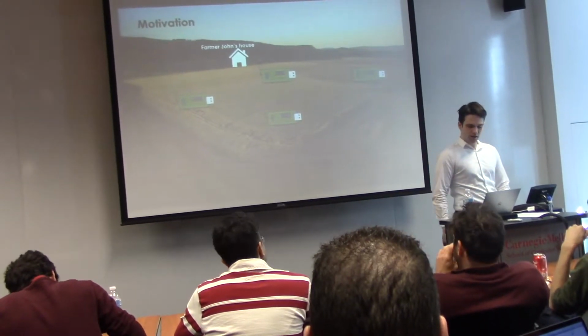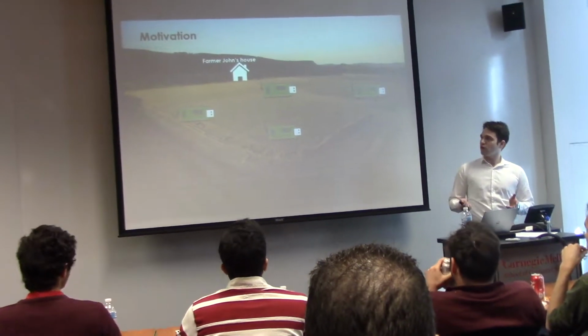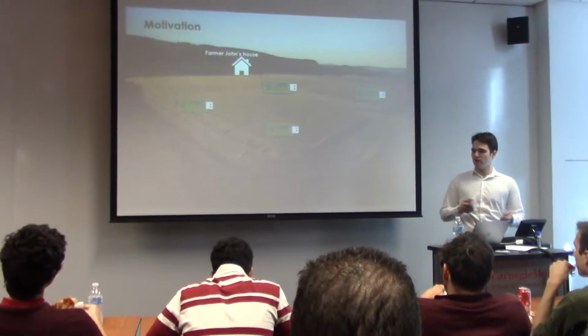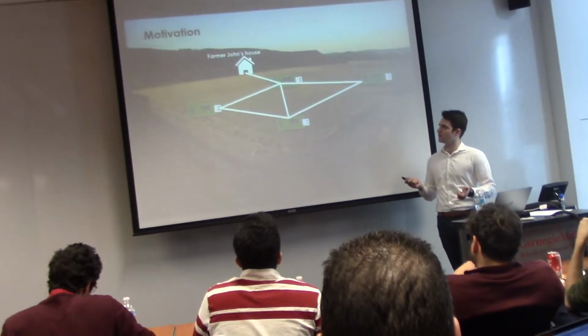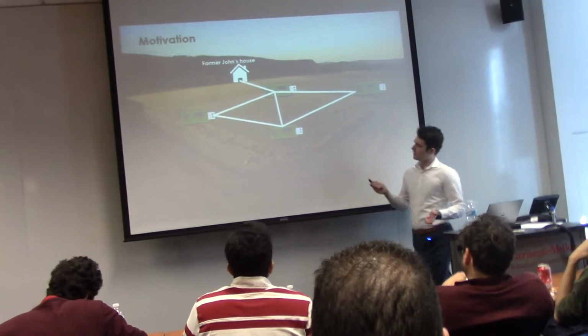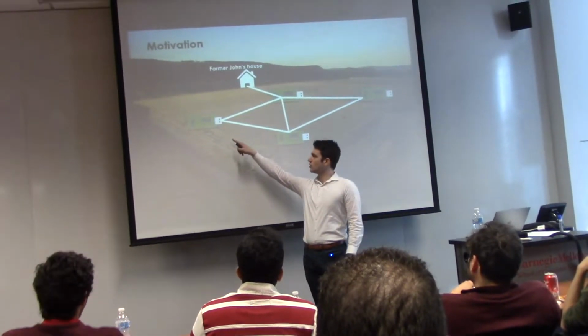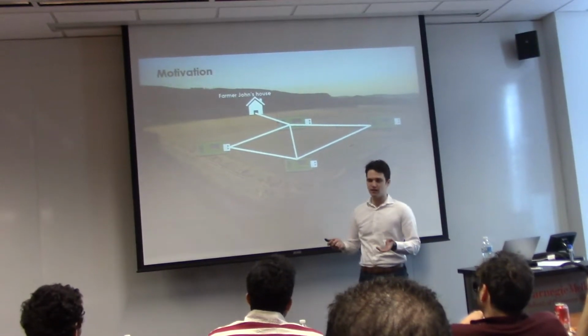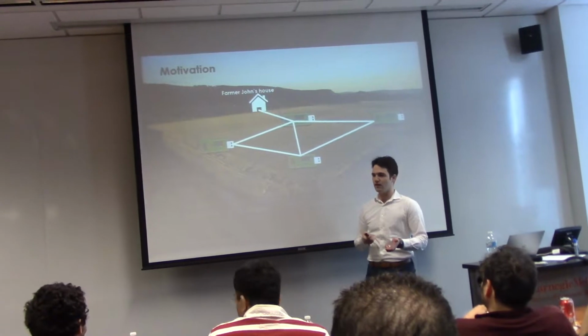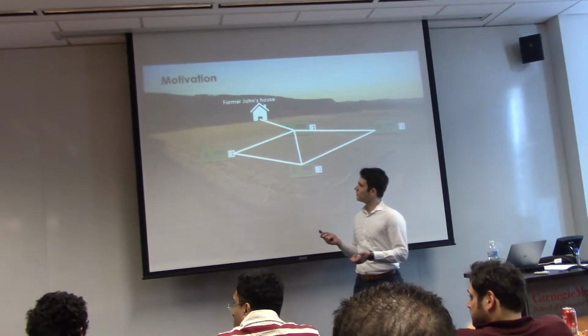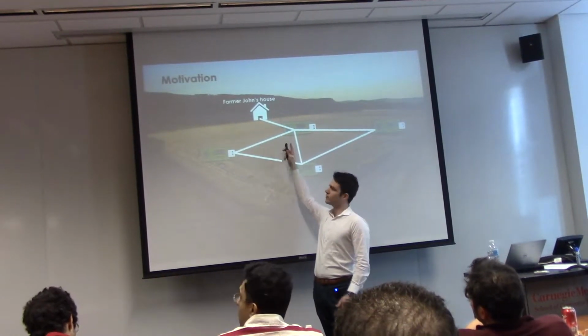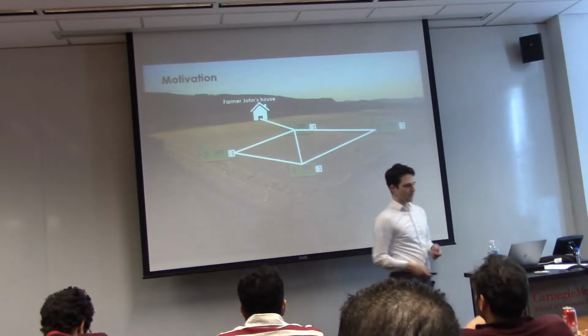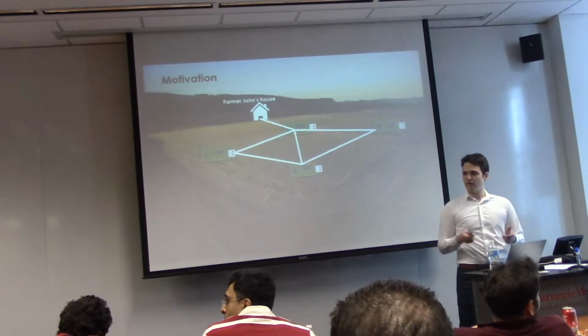If you look at the graph of who can communicate with whom, it would look something like this. Let's say this one cannot communicate with the house. So if it has some important information to relay to Farmer John, it would need to use this sensor to relay its data. And this is the main motivation of our story.